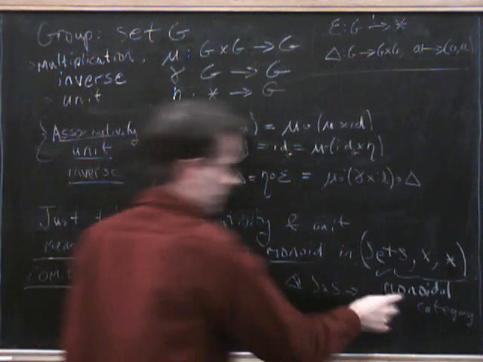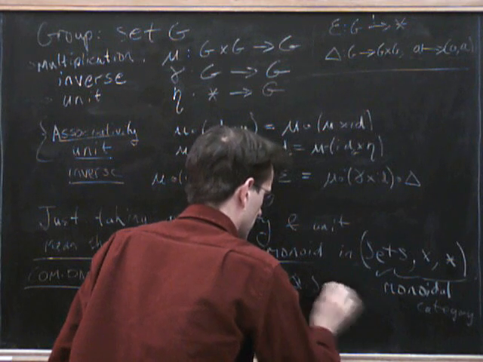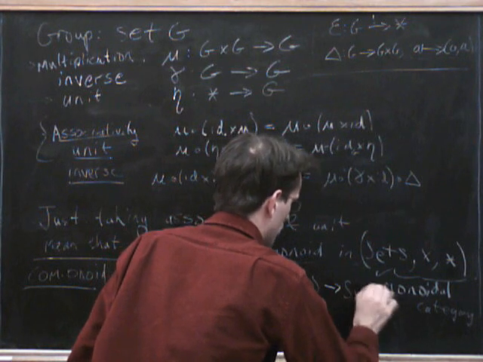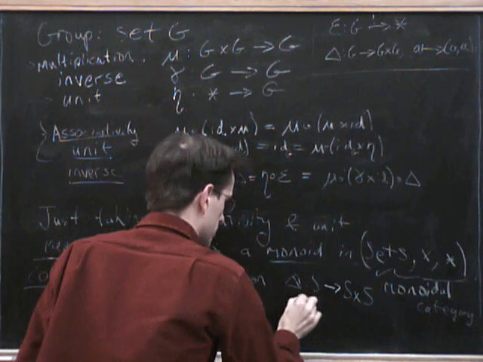Obviously, you can define it in any monoidal category. You just switch everything around. So that's the product going the other way, and we've got a co-unit, which we call epsilon.